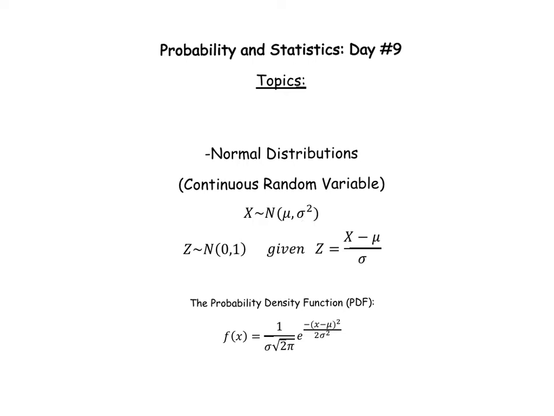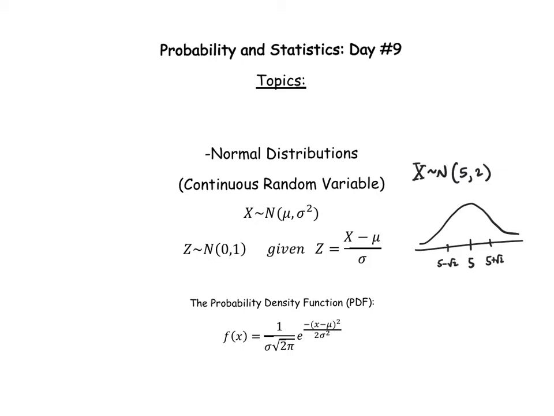So for example, if x is normal with a mean of 5 and a variance of 2, then we would see our normal curve, which would be bell-shaped, and our standard deviation would be square root of 2. So this would be 5 plus root 2. Our first standard deviation to the left of the mean would be 5 minus root 2, and so on.